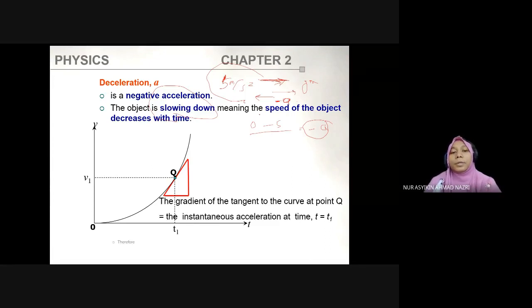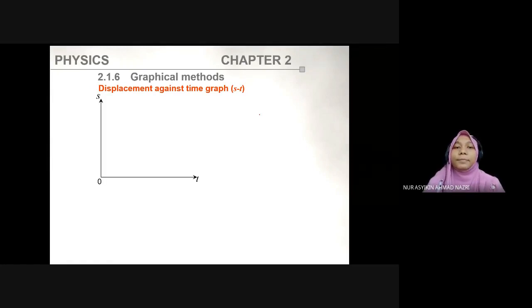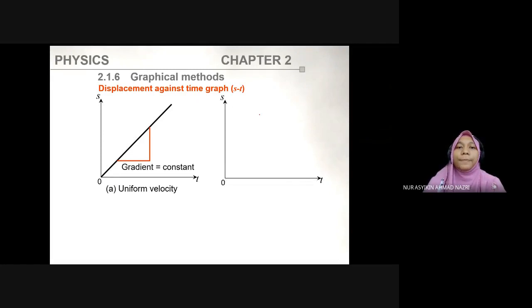Okay, so ini instantaneous acceleration graph dia. Okay, so now, pukul berapa ya? Baru 4:30. So graphical methods, displacement against time graph. Okay, so this is how we explain the simple method on how we explain the motion. Okay, certain motion.